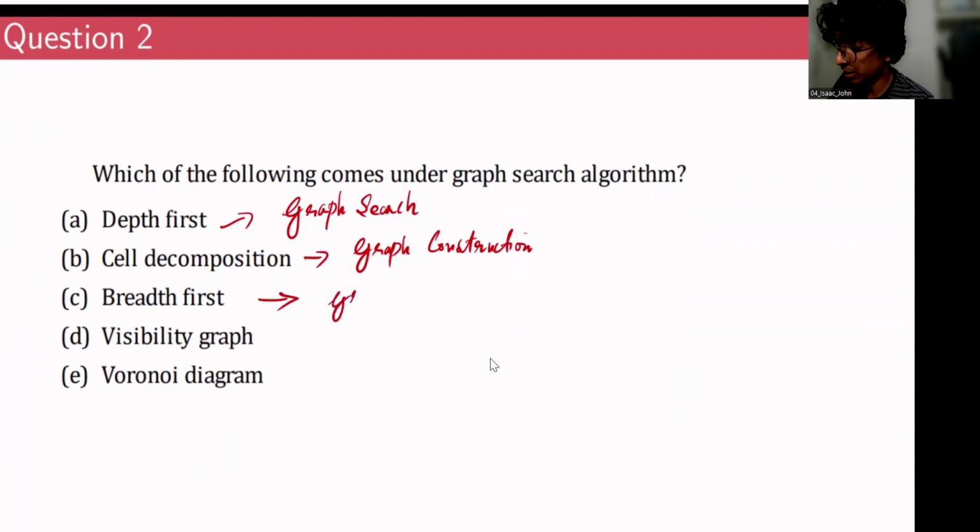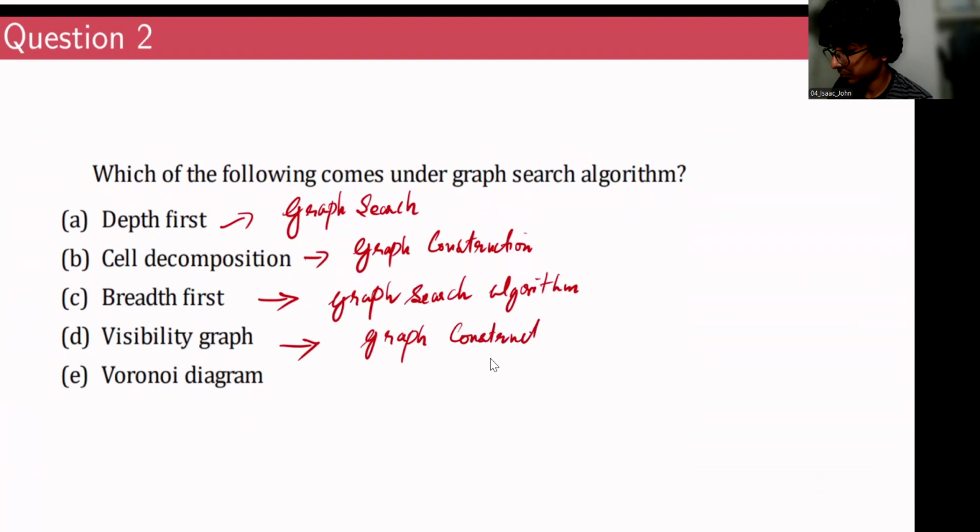Breadth first is also a graph search algorithm. And the visibility graph is also a graph construction, and Voronoi is a graph construction as well.